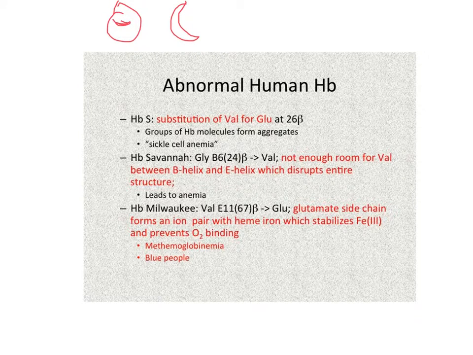Then we have the HB Milwaukee, which is where a valine is substituted for a glutamate. And this is a very interesting one because the glutamate is negatively charged, and it actually stabilizes iron 3. What is the oxidation state normally for iron inside?